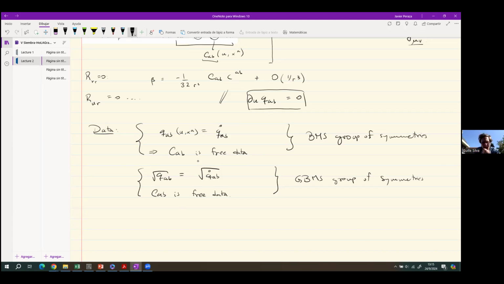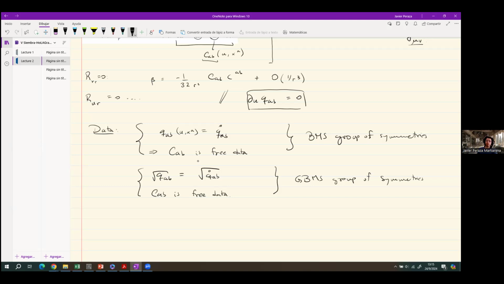So this Q could be the round metric, or it could also be the round metric times some conformal factor. Okay, I understand. But the conformal factor does not depend on U. Of course, you have a solution with Q round and another solution with a different Q, which is conformally related, some kind of deformed sphere at infinity.